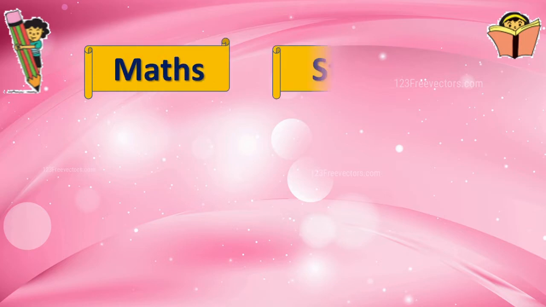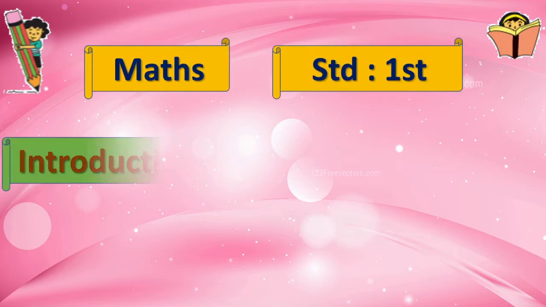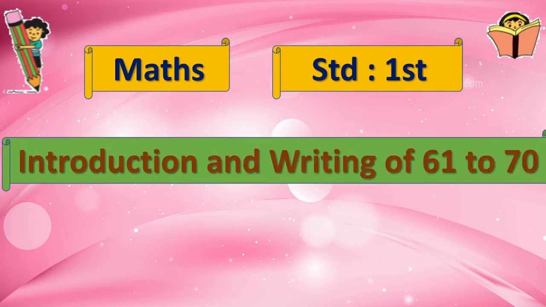Okay, and our topic is introduction and writing of 61 to 70. Dear children, you know how to write and read the numbers from 1 to 60, right? That we have completed in an earlier lecture.